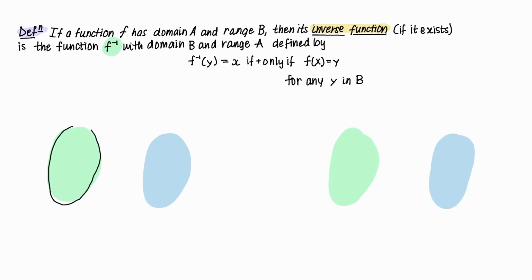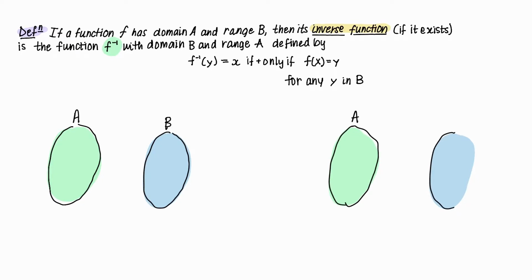So here's A, and here's B. So the green is A, the blue is B. Here's an example of a function f.